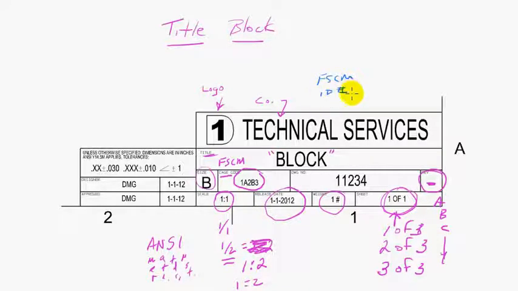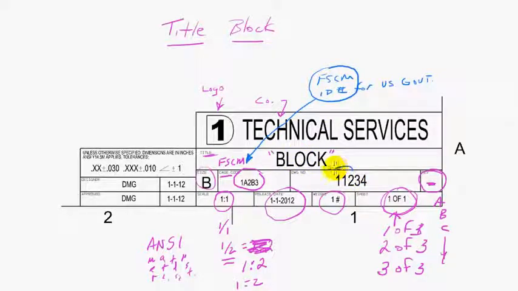So you register your company with the U.S. government, and it's a unique identifier for each company. And so when that number is in the title block, it tells you who has the design authority for this product that's represented on the drawing, using their federally issued identification number. Now, not all companies have those, but anybody who does business with the government will have one, certainly any defense contractors.